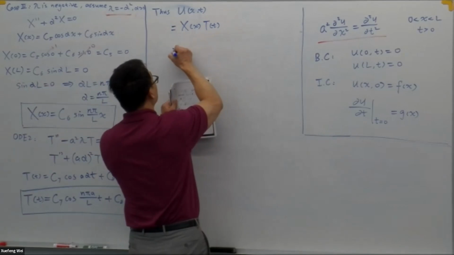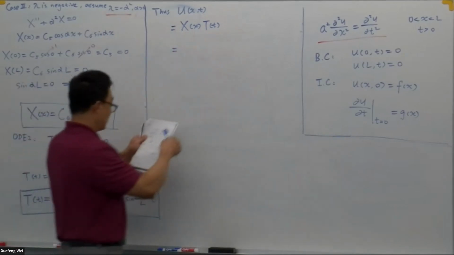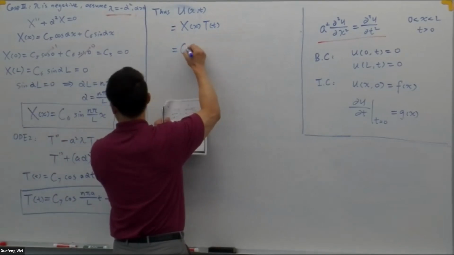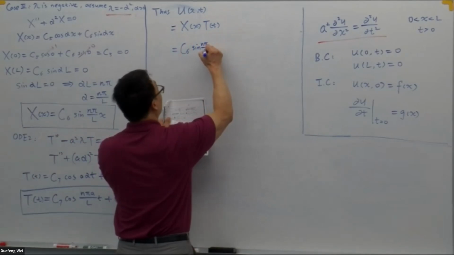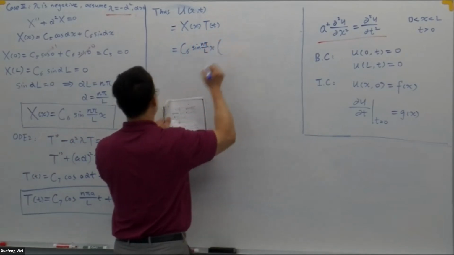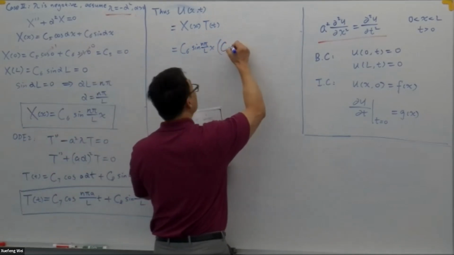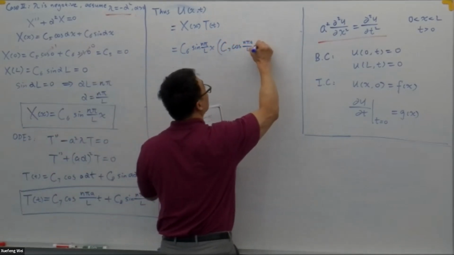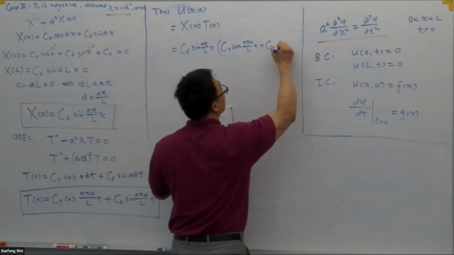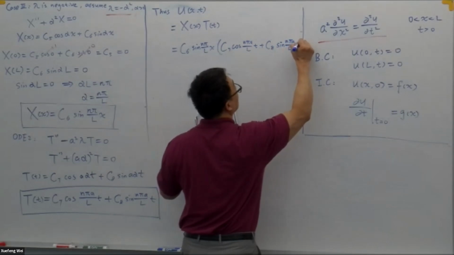Based on here, it's this times this. So it's going to be C6 sine(n pi over L x) times this whole thing: C7 cosine(n pi a over L t) plus C8 sine(n pi a over L t).